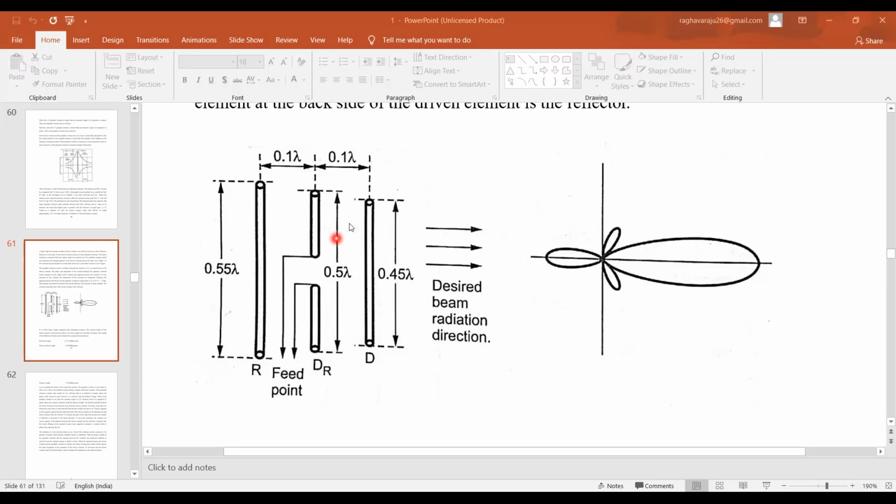So driven is 0.5 lambda, and the director is 0.45 lambda. All are separated by 0.1 lambda, 0.1 lambda, and 0.1 lambda.